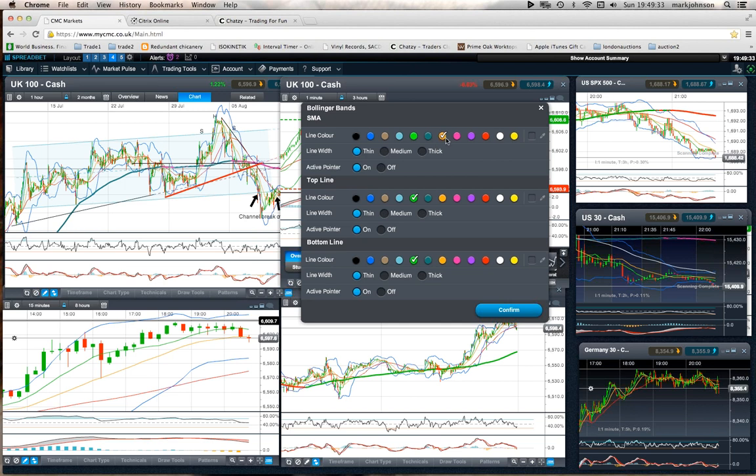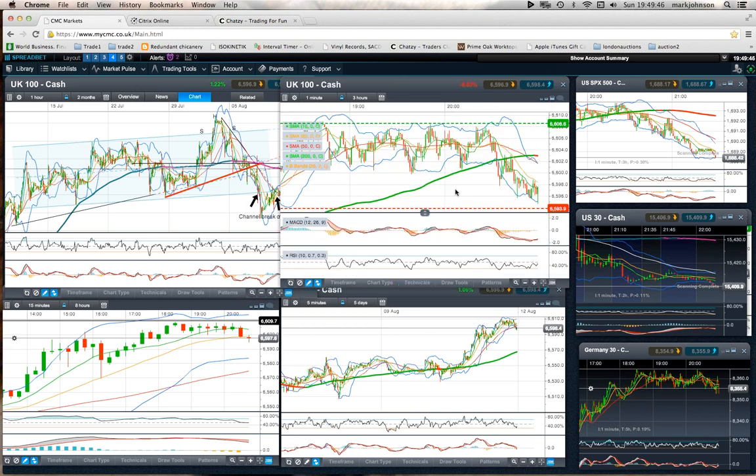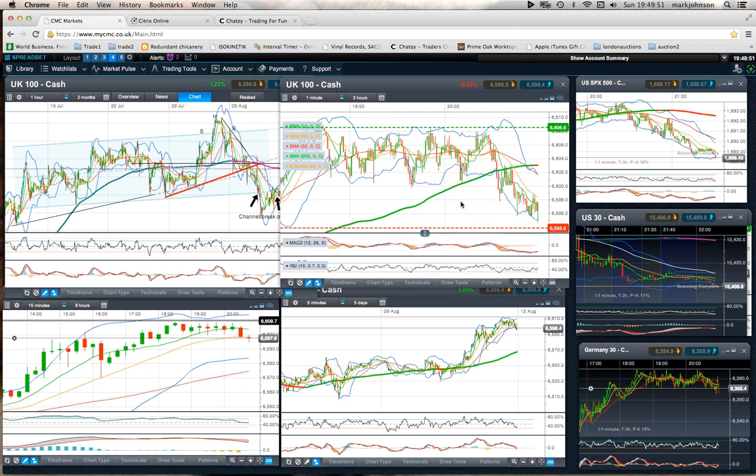SMA I put as amber, so that matches. So it's a 20 SMA, so that matches the amber line that I've already got, and then I just have two outer Bollinger Bands in blue. So that is my final. This 1 minute chart is what I trade from.